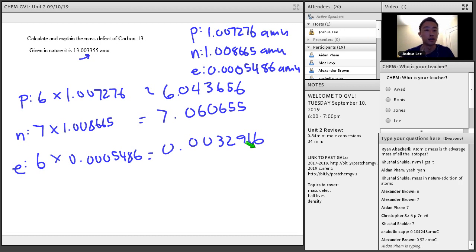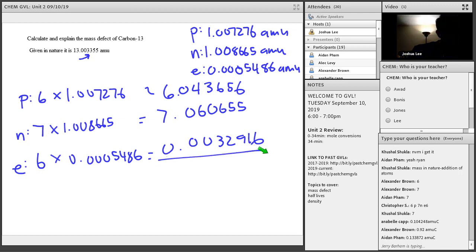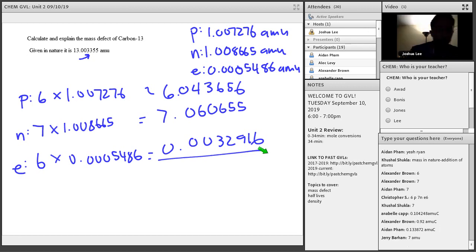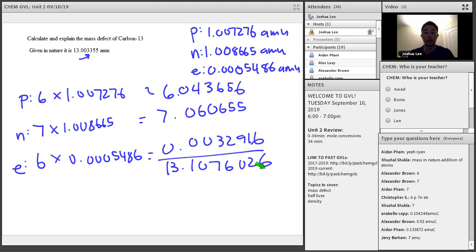So if you add these all up, you get 13.10760026. So, all right, this is how much a carbon 13 atom should weigh. But if you caught one in the wild and you weighed it, it would only weigh 13.003355.